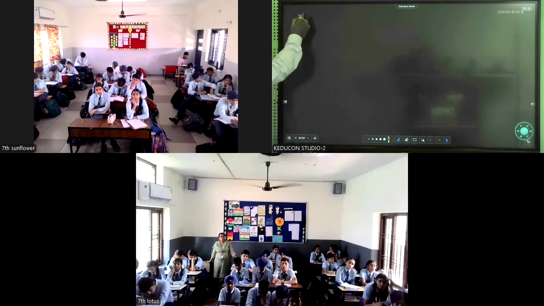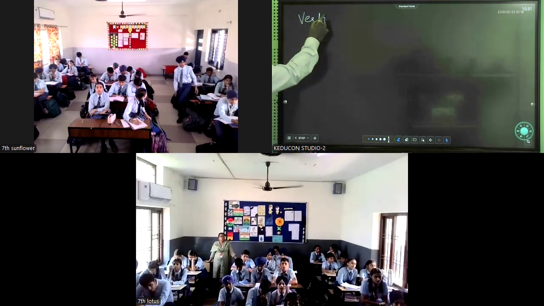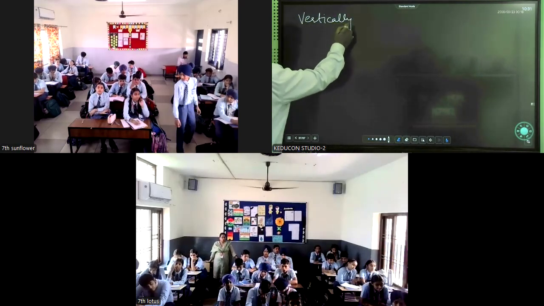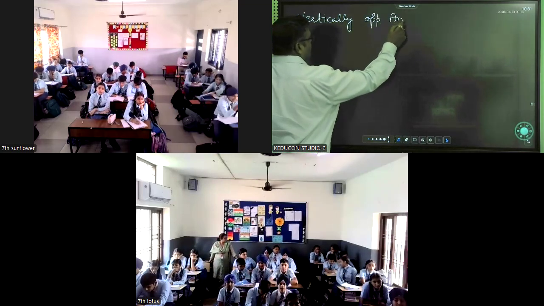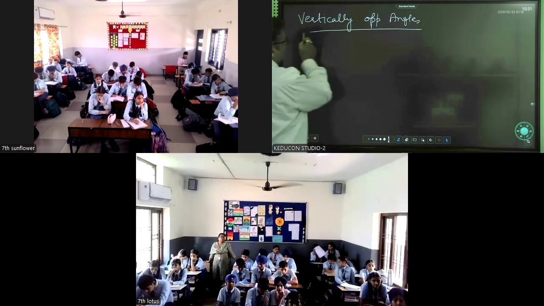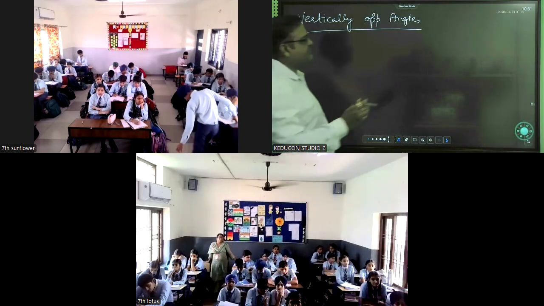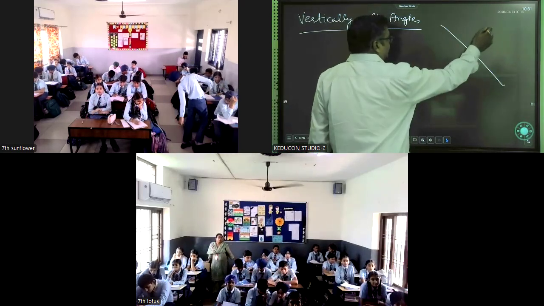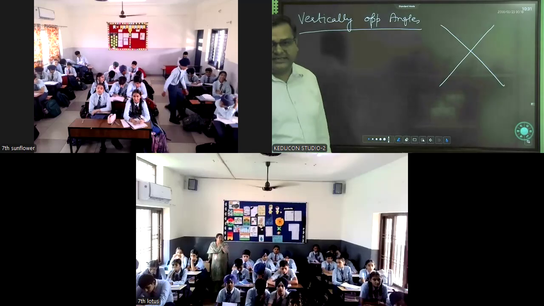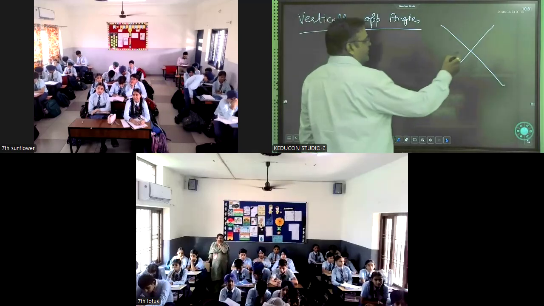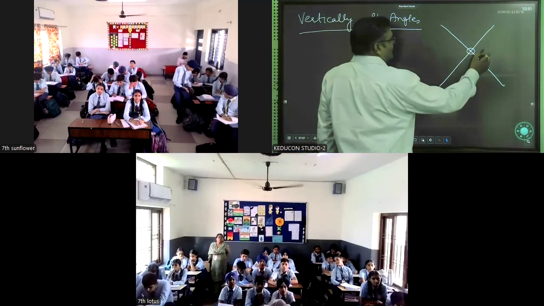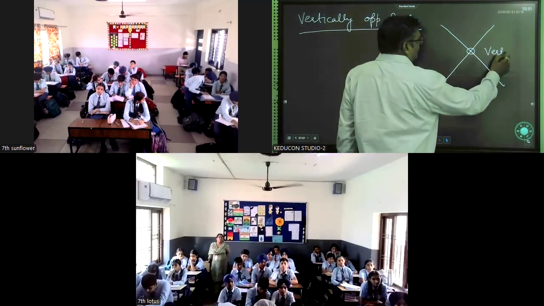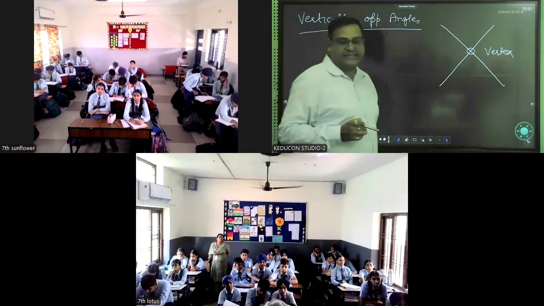Students, what do you know? What are vertically opposite angles? See, when we have two lines intersecting each other, this point, the meeting point, is the vertex.